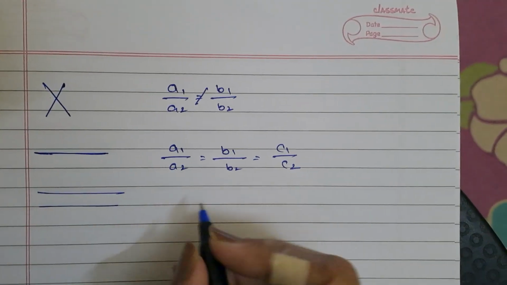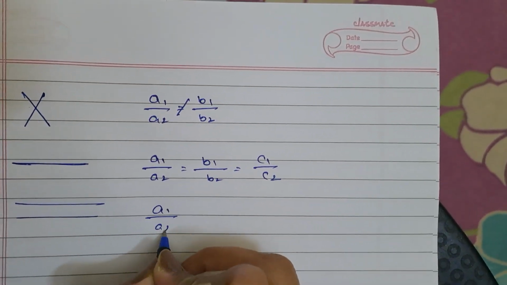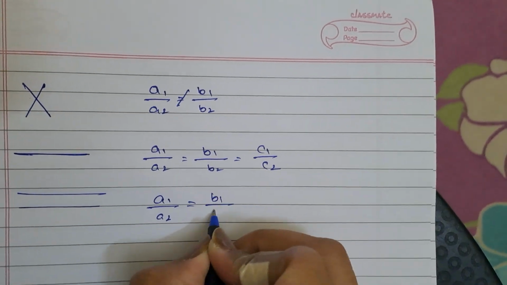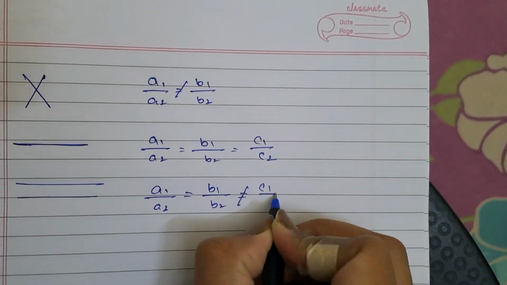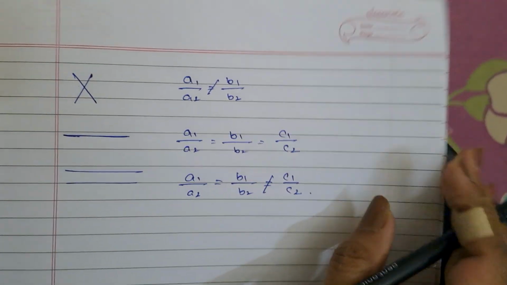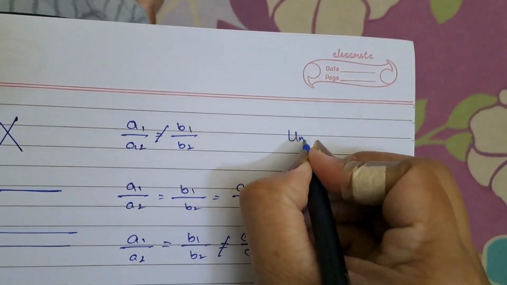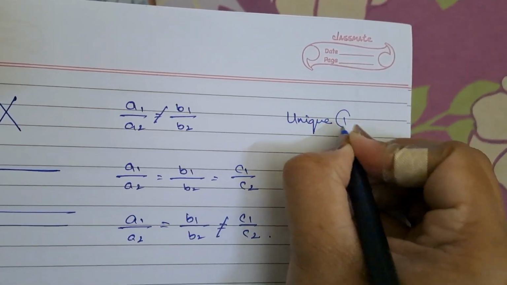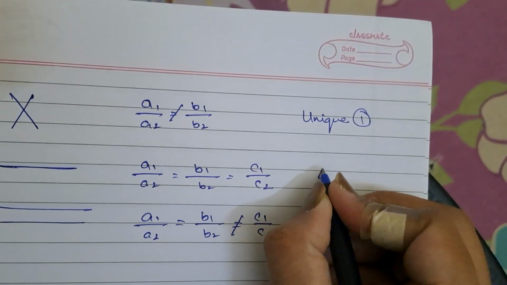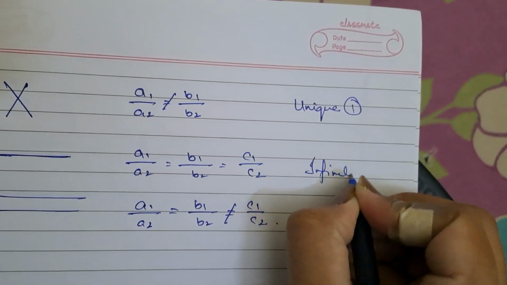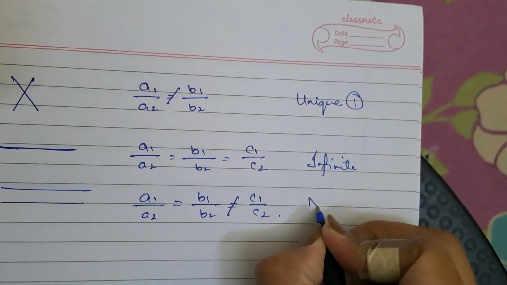For the parallel lines, a1 by a2 is equal to b1 by b2, but it is not equal to c1 by c2. Talking about the solution, the first has a unique solution, meaning only one solution, the second has infinite solutions, whereas the third has no solution.